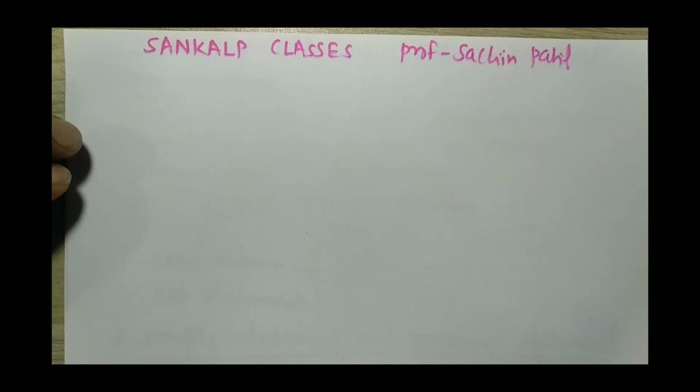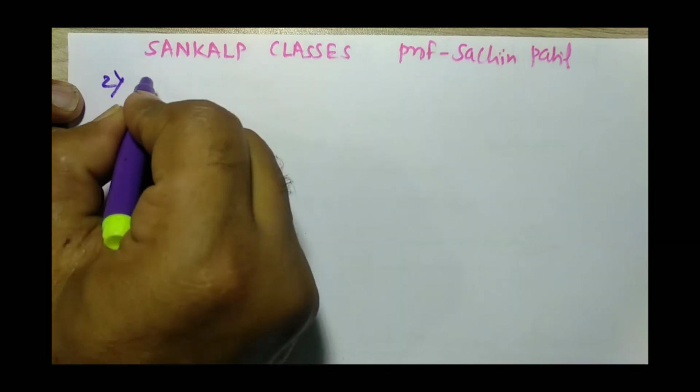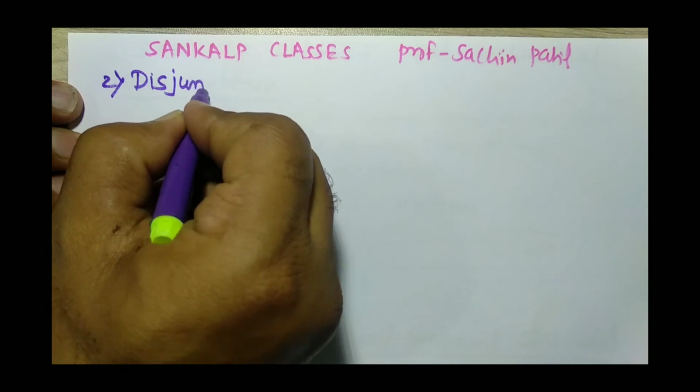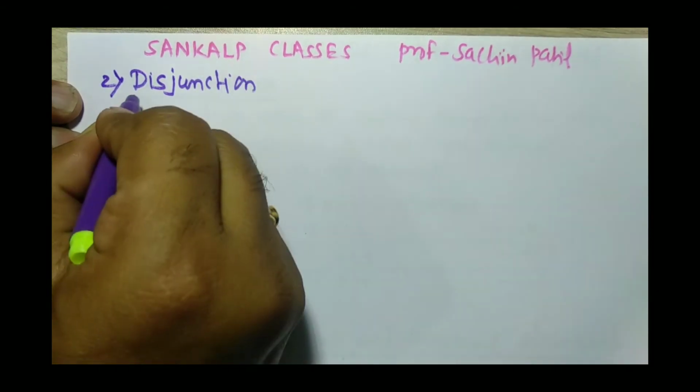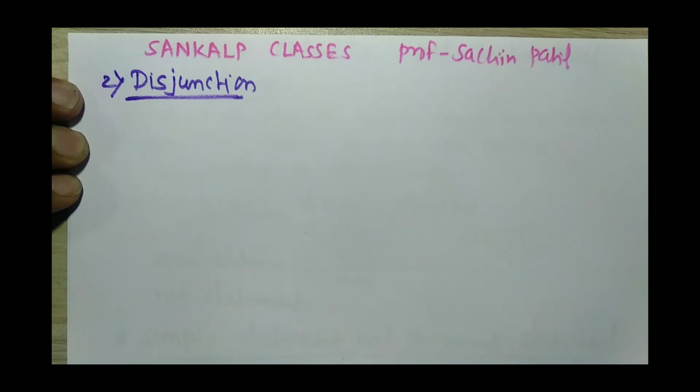Now we are going with the next compound statement. That means we are going with a disjunction. Inside the disjunction, first of all we have to consider the definition of disjunction.